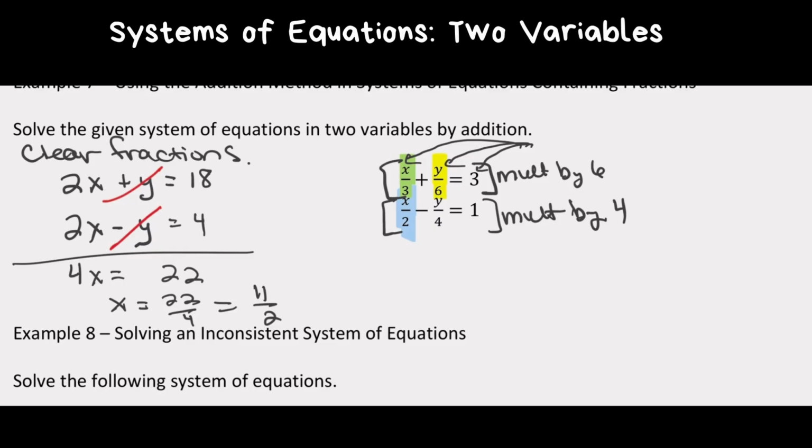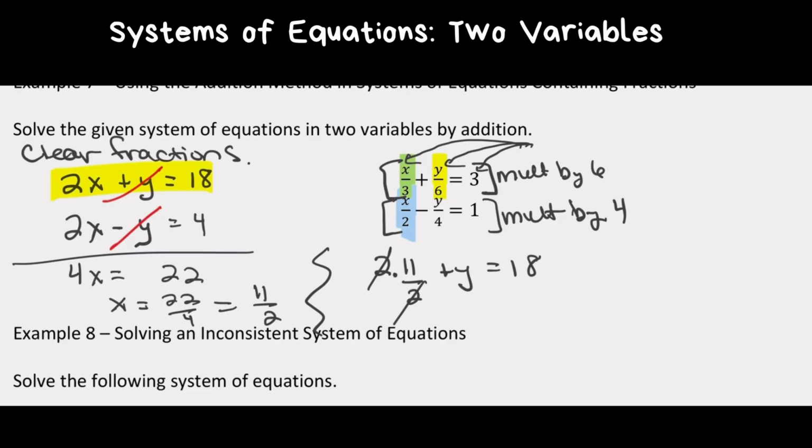So now that I know my x, I'm going to go back and find my y. And I really can use any equation because technically they should all be right. So I am going to pick this one. So if I pick this one, I'll have 2x, and I know x is 11/2, plus y is equal to 18.